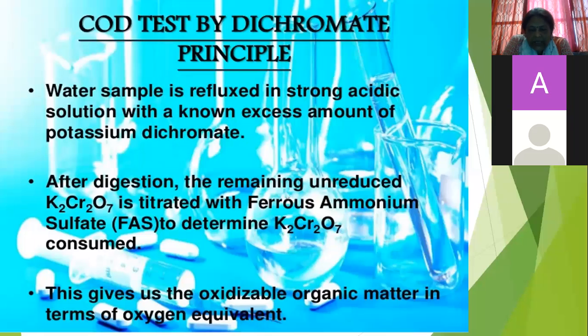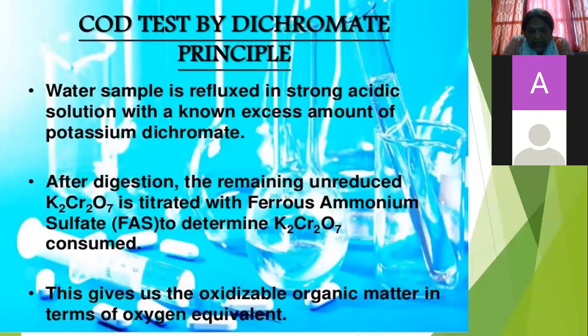Obviously some sewage water or wastewater sample will be provided, and a particular volume of this sample, like either 10 ml or 25 ml or 50 ml, is refluxed in strong acidic solution with a known excess amount of potassium dichromate.